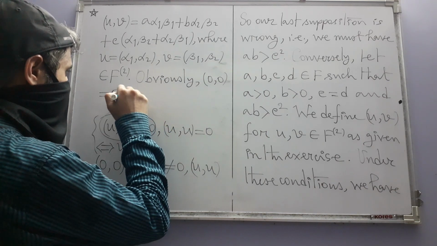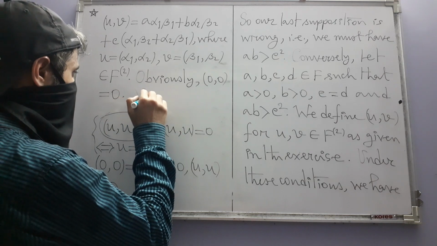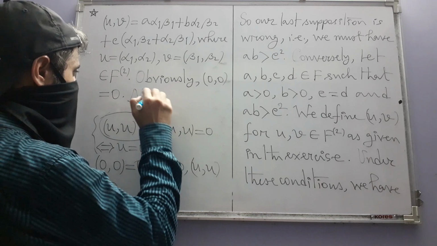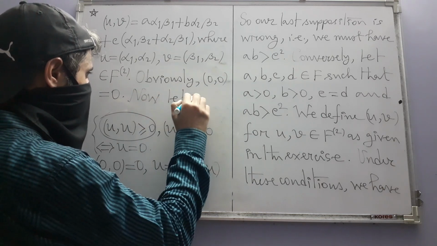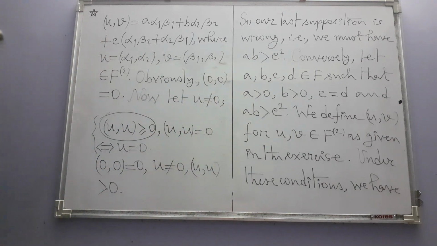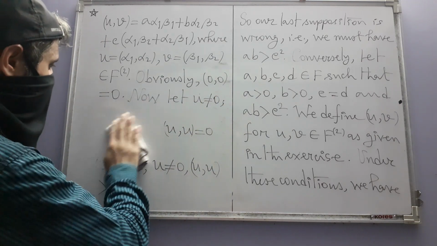Now let u be not equal to 0. So that means at least one component of u is non-zero.